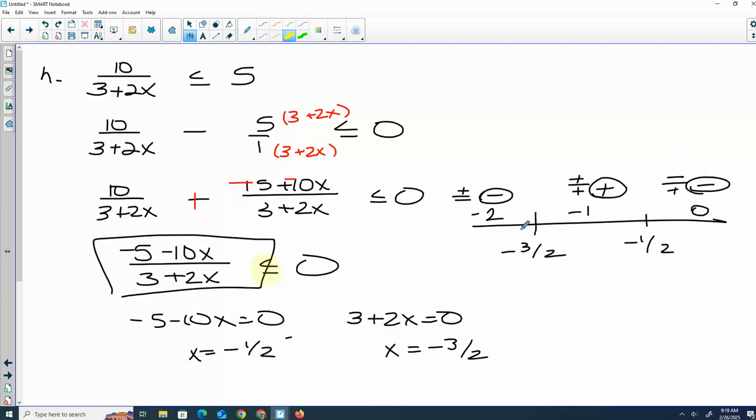I wanted less than, which is negatives. Again, it had an equal to. Equal to tells me bracket, but the denominator gets a parenthesis no matter what. So my answer is negative infinity to negative 3/2 with a parenthesis. Union, bracket, negative 1/2.